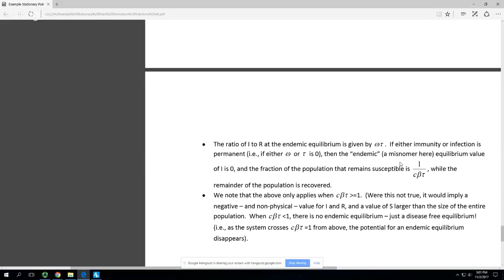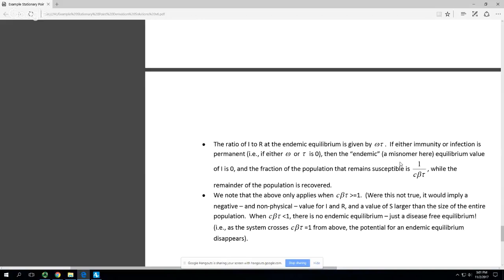How many people do they infect on average? 1, R0 over R0. In other words, they're replacing themselves with exactly one person, so the number of infected people is going neither up nor down. It's in balance, ladies and gentlemen.